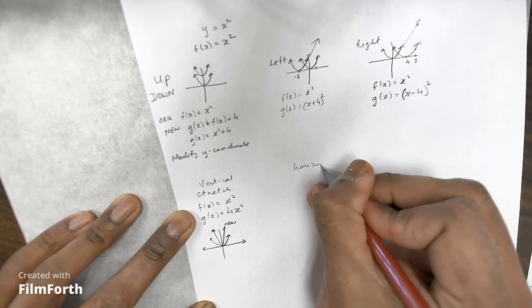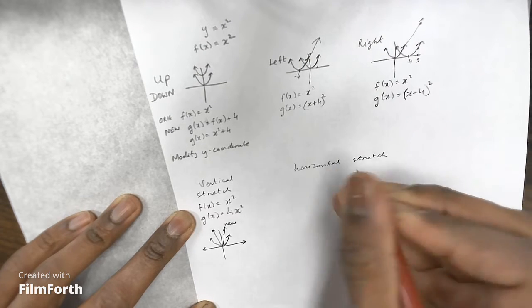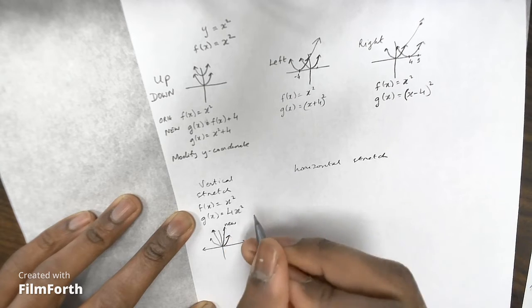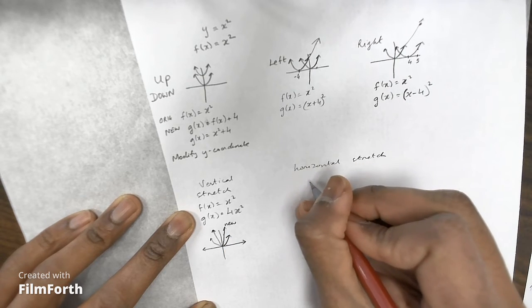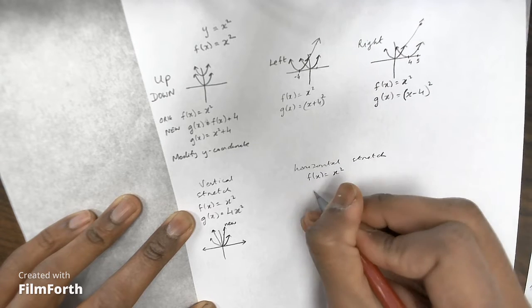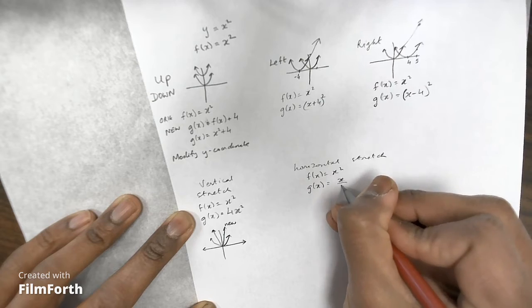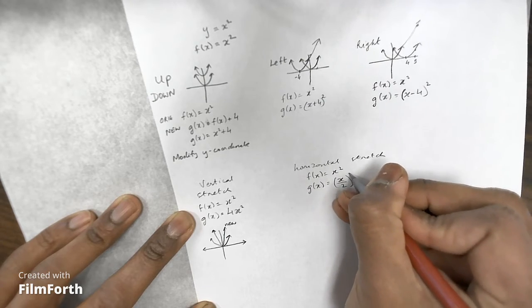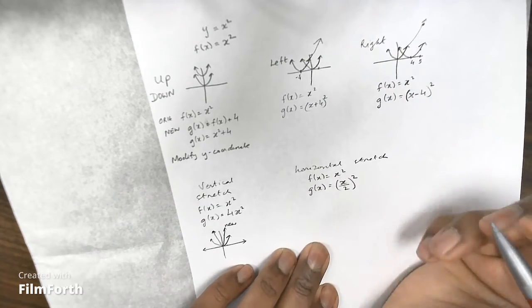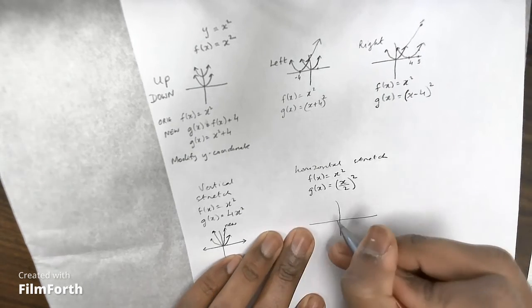Horizontal stretch. Again, the horizontal one is a little confusing because the x coordinate gets affected. So f of x is x squared, and the new function is x divided by 2, the whole squared. Well, what happens?